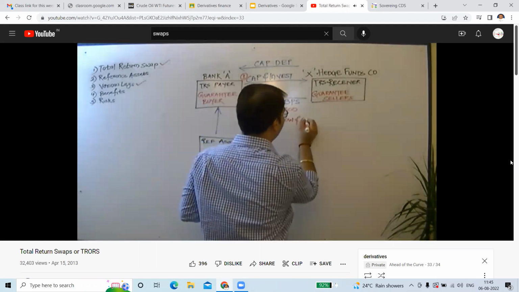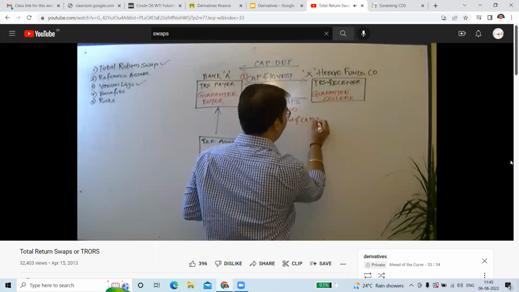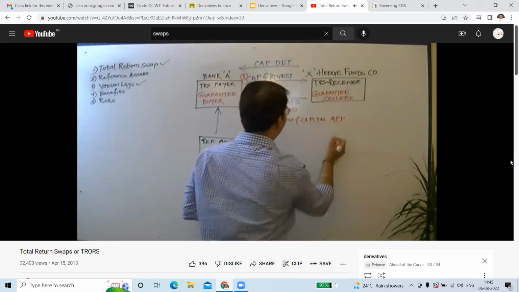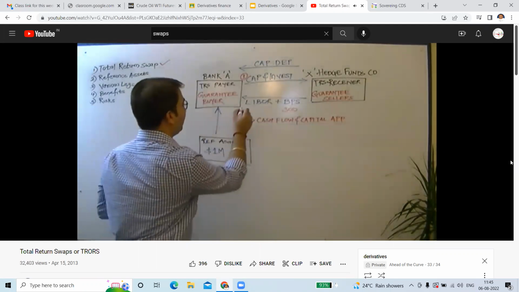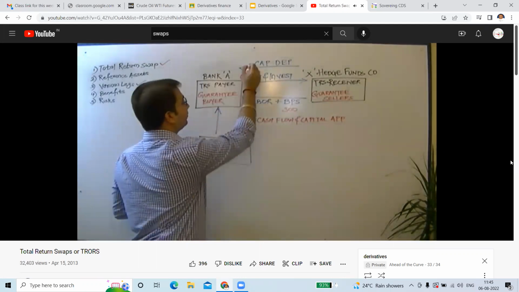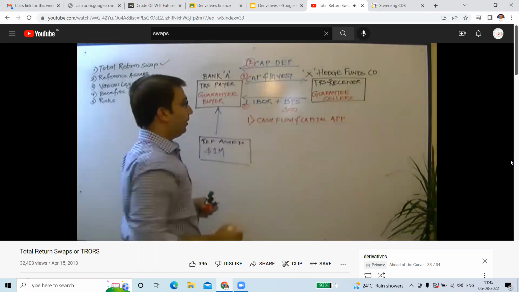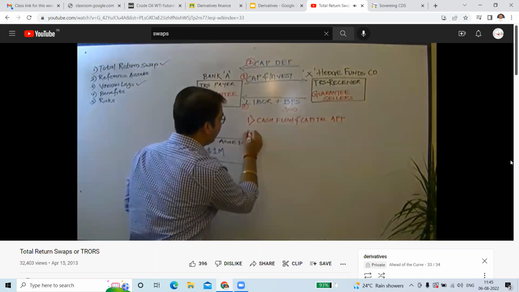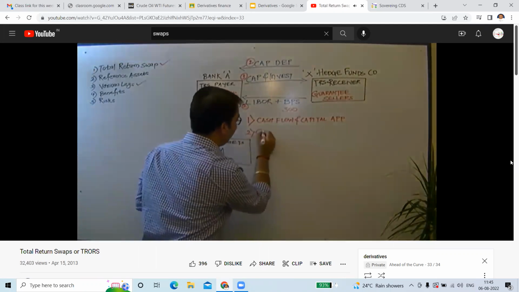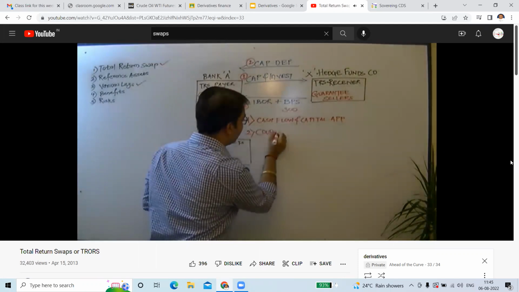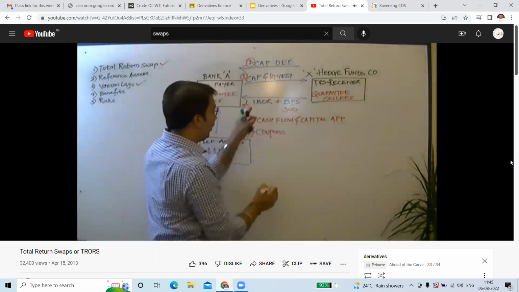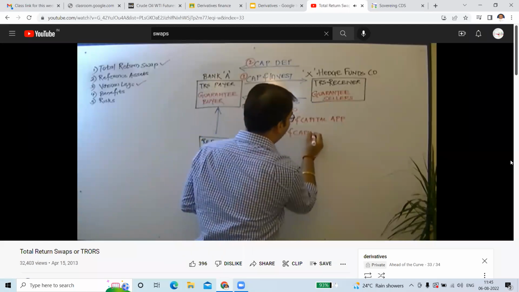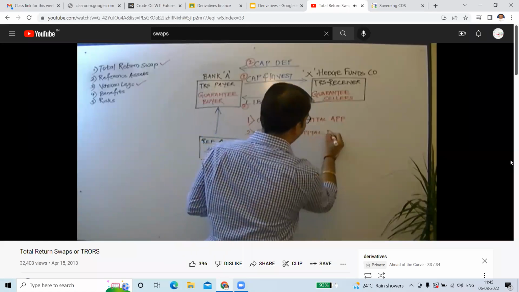And this will become leg 2, which includes your coupons, which are floating rates, and any capital depreciation.